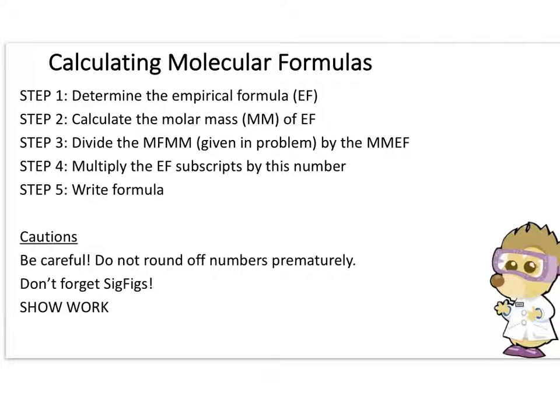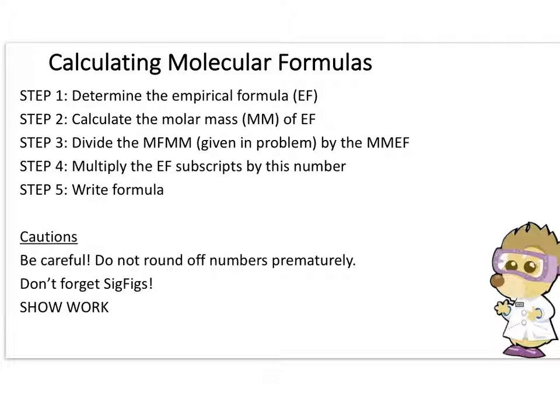Calculating molecular formulas is pretty straightforward again. We're going to determine the empirical formula. Sometimes we'll be given that in the problem, and sometimes we'll have to calculate that. We need to then calculate the molar mass of the empirical formula, then divide the molecular formula's molar mass, which is given in the problem, by the one that we just calculated for the compound.